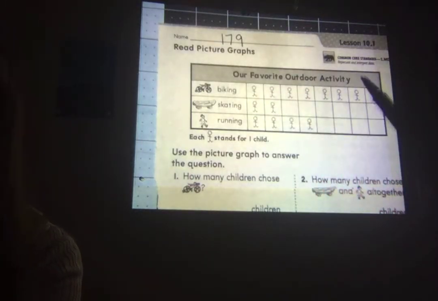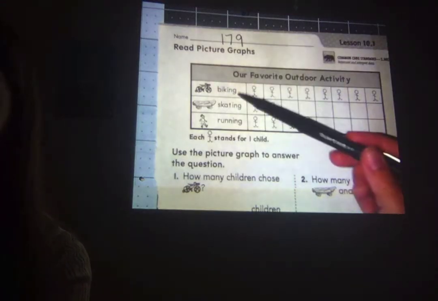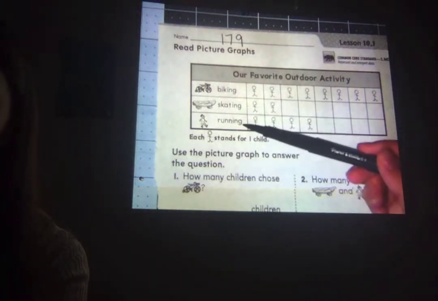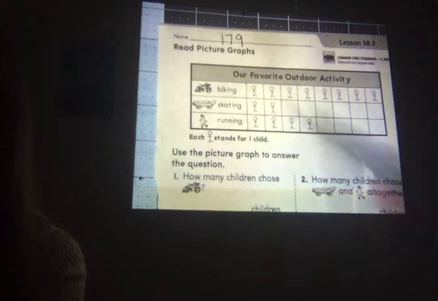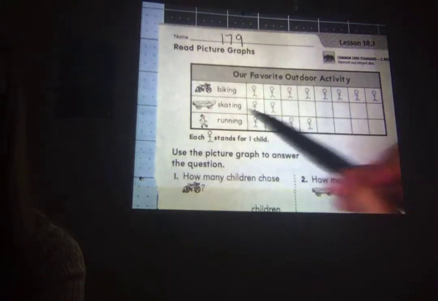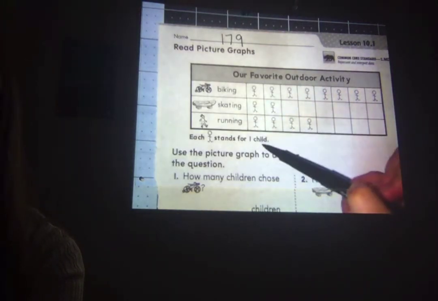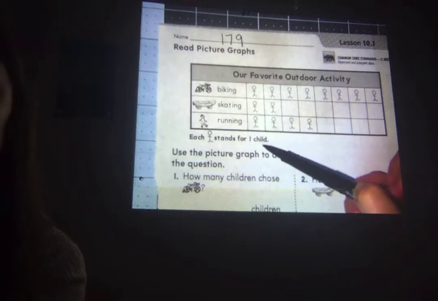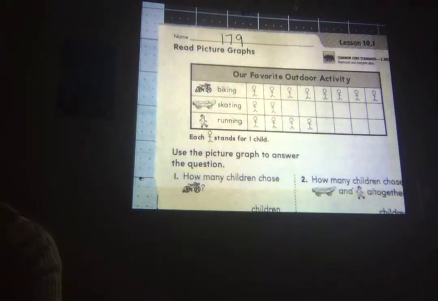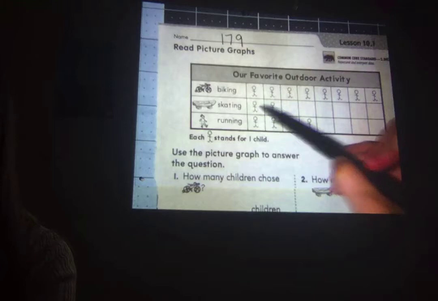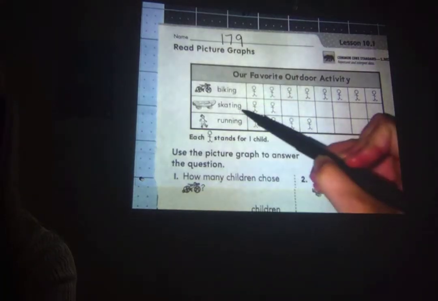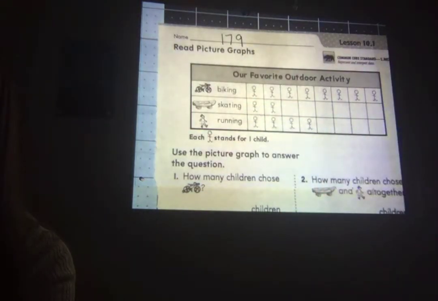There's 3 different options: biking, skating, and running. Each one of these little stick figures represents one child that said that was their favorite outdoor activity. So for example, 2 children said that skating was their favorite outdoor activity.